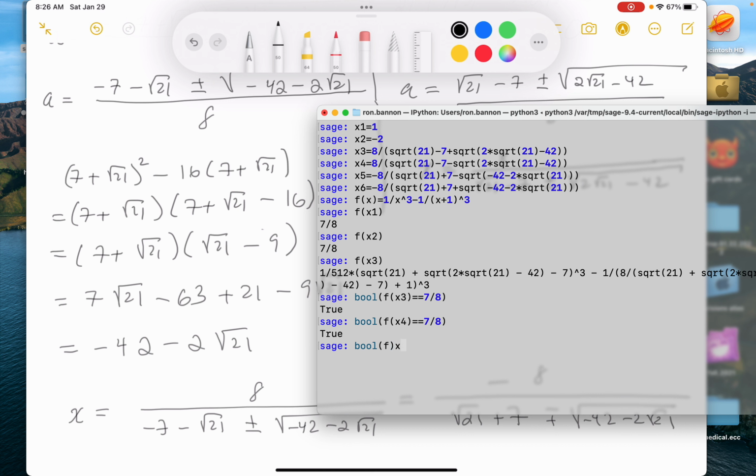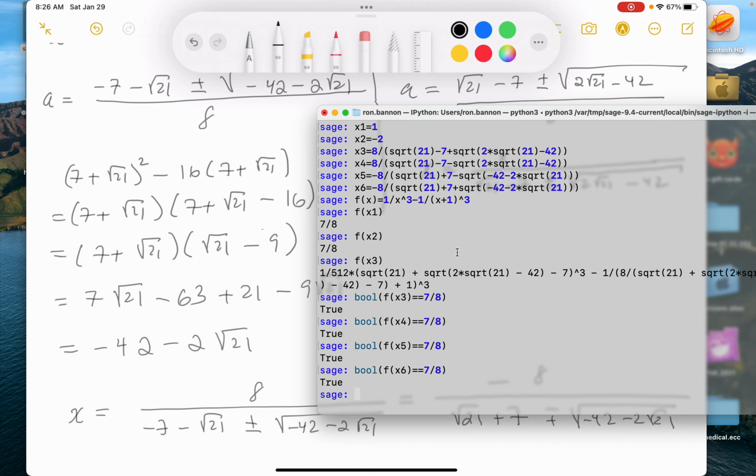X5. Oh boy, I'm really screwing up. X5, does that equal 7/8? Oh boy, let's see if I can do X6 and see a miracle. It's actually doing the arithmetic. I'm shocked. Good. They all worked out. All my solutions worked out beautifully.